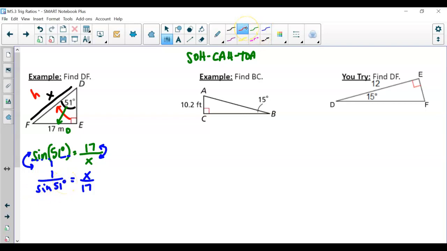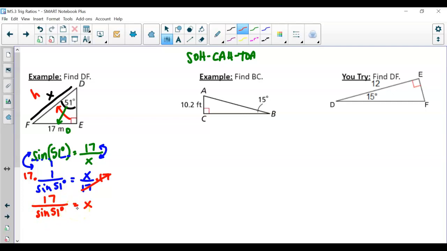Now we're going to solve. So this is 17. Now we multiply, right? So multiply. Now notice what happens. This cancels out, yes, but what do we now have here? 17 times 1. Well, that's just 17. 17 now divided by sine of 51 degrees.